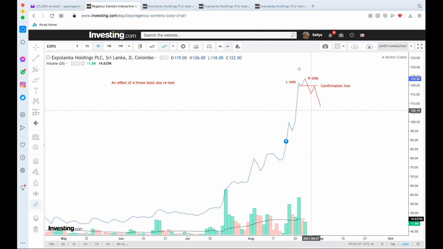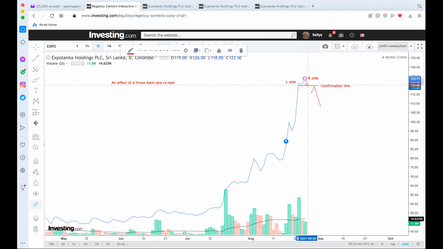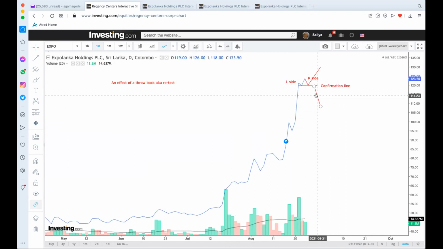But the conditions you need to know: if this leg is not going to happen, and if the price is going to come, throw back again, retest this confirmation line and move up further, then what happens?